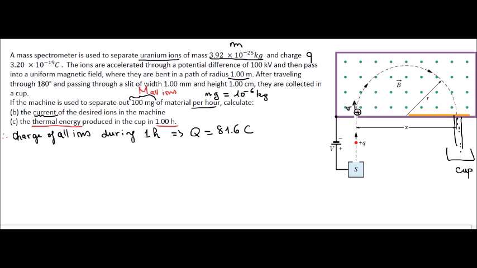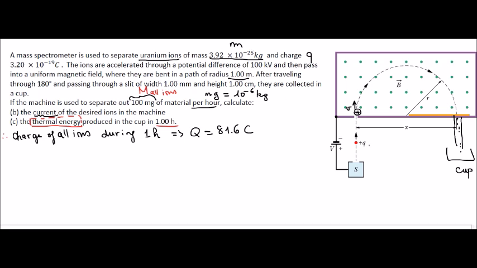So let's think about what this thermal energy is. Let's do an energy balance, actually. We know that energy is conserved. So let's use this principle of conservation of energy.